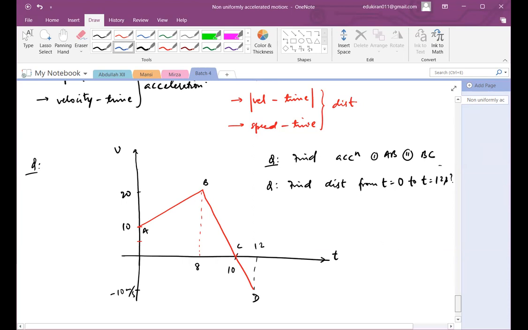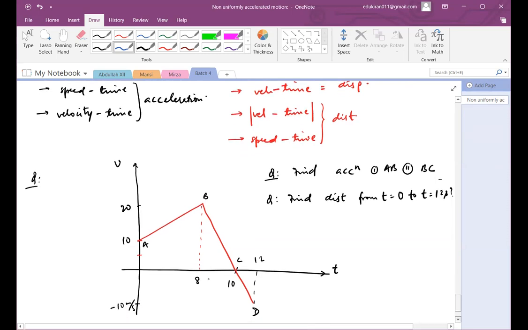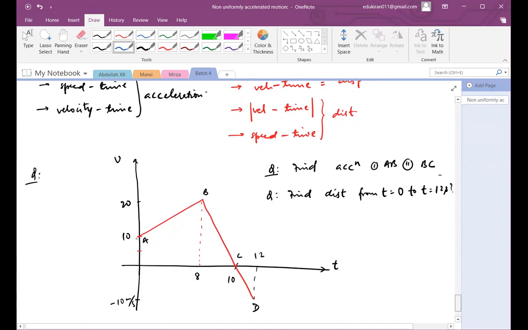Since in this part we have a velocity versus time graph, if you have to calculate acceleration, just see this term: the slope of velocity versus time will define acceleration. So if you have to calculate acceleration of this particular line, which is just a straight line, how to calculate the slope of any straight line? Try to define the coordinates of each point.